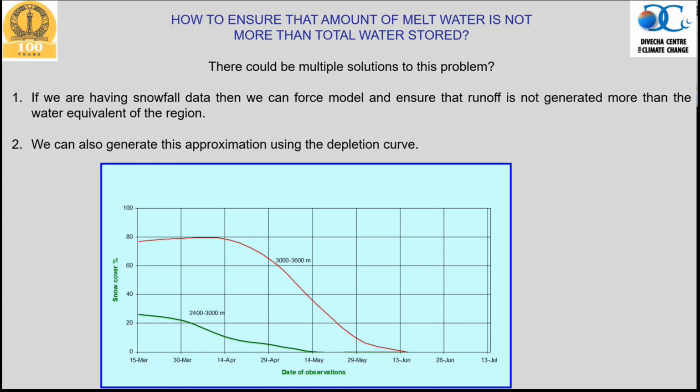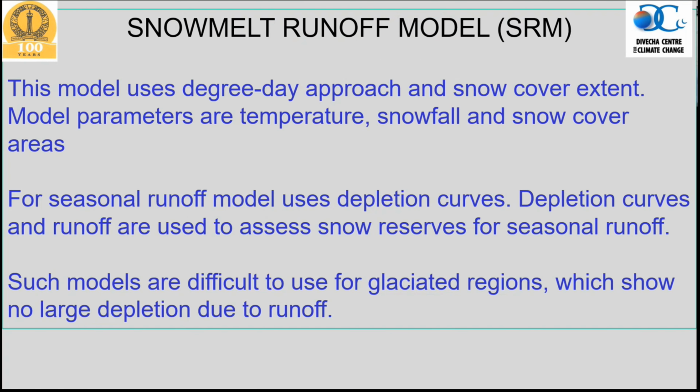Not necessarily are they ideal, but they provide you certain clues. Once you know the temperature distribution and the albedo of snow, you convert that albedo into the melt, and then you know how to do the water balancing.